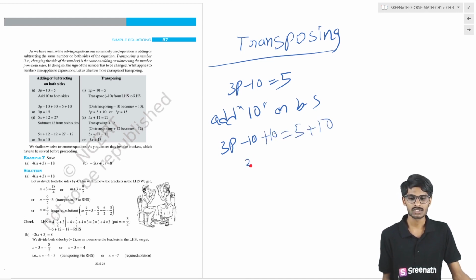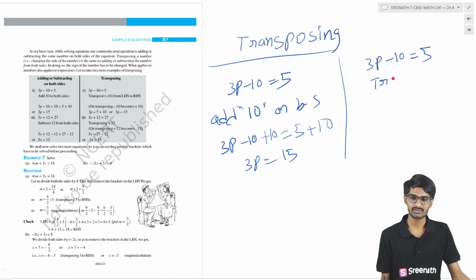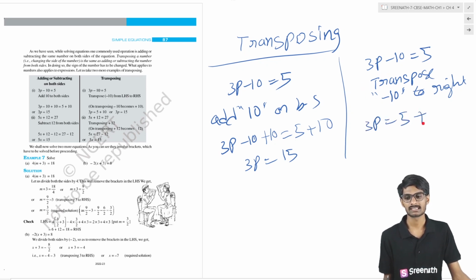So then it becomes 3p equal to 15. In the same case, there is 3p minus 10 equal to 5. Now I will transpose minus 10 to the right side. Then 3p is equal to 5 plus 10. So again 3p equal to 15.